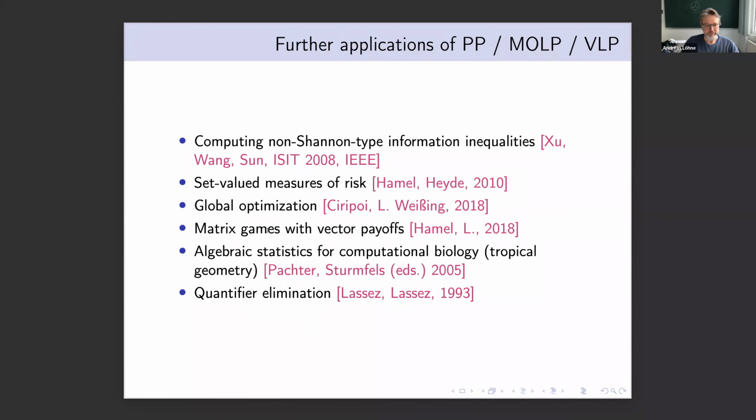This is a kind of vector valued game theory. Then there is some application in algebraic statistics for computational biology, which is based on tropical geometry, and tropical geometry is based on some calculus rules for polyhedra. And also quantifier elimination is one application.